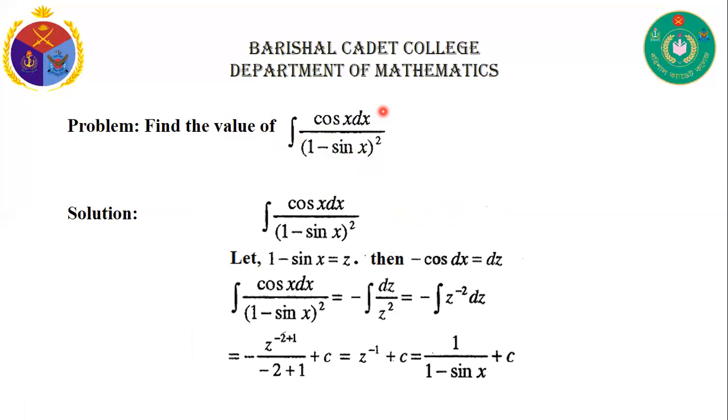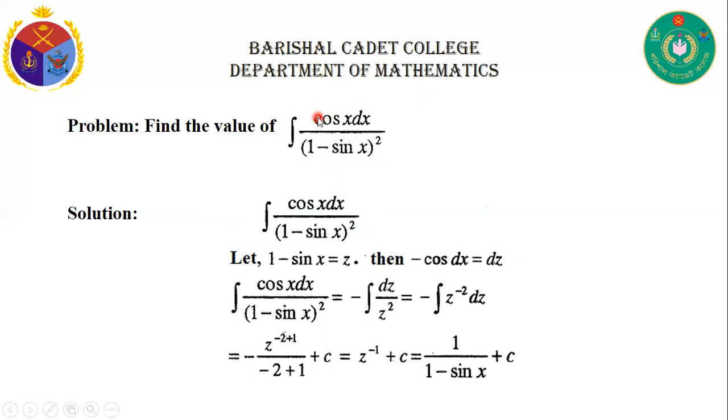So what we have to take, like here boys, can you see from this, if we choose cos x, then the differentiation of cos x is minus sin x. So minus sin x is here, but we cannot integrate. So if we choose 1 minus sin x, then the differentiation of 1 minus sin x is minus cos x.